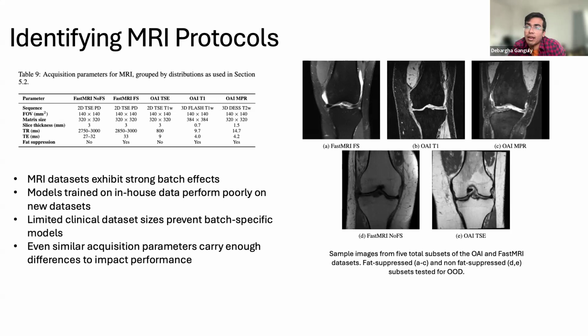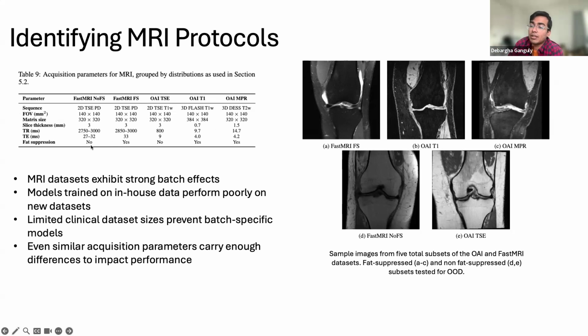And what commonly ends up happening is that you train a model based on that specific data, and because of that, your model performs very well on that distribution. But if you take that model and deploy it at another hospital, it does not perform very well because the distribution of the data has changed, as in your acquisition parameters for MRI. Here, fast MRI and OAI are sampled using these metrics.